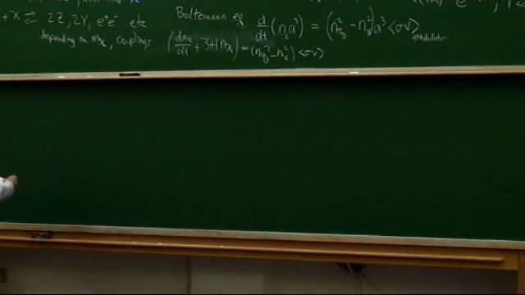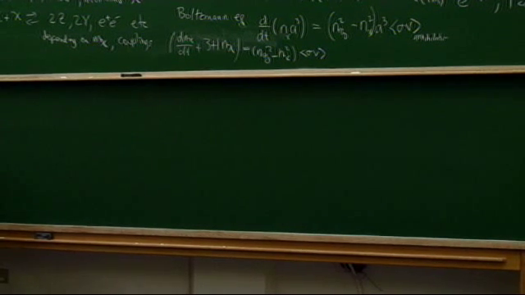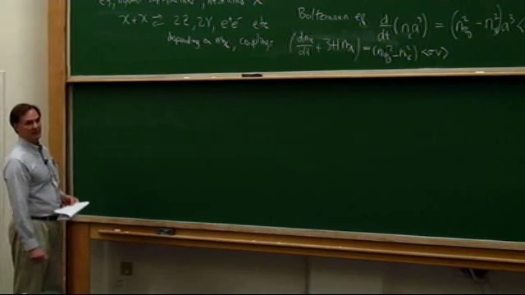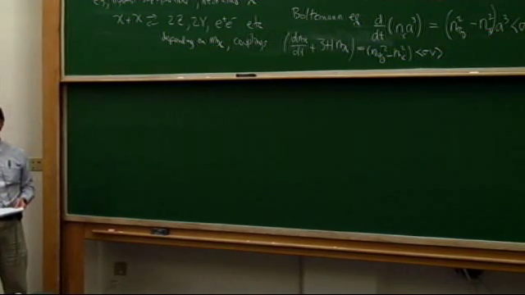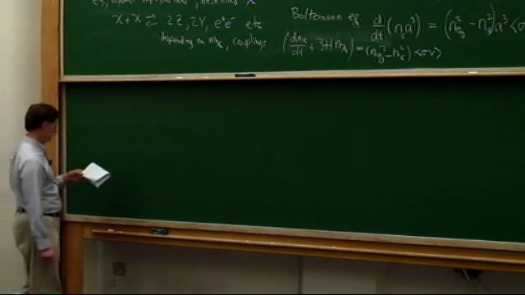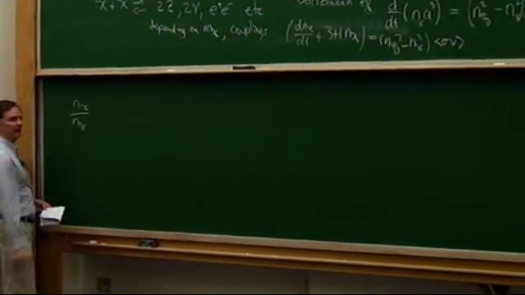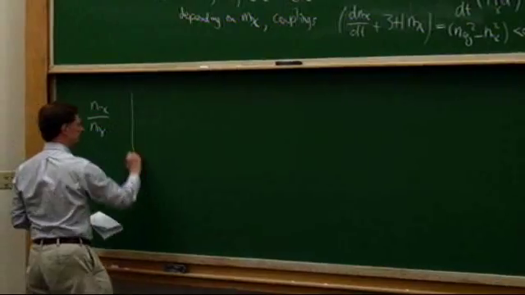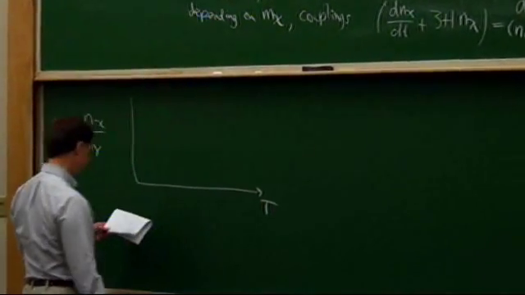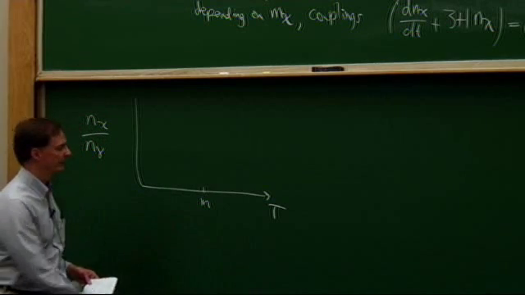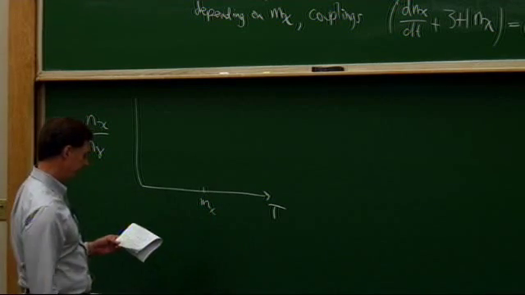Okay, so let's draw that abundance, and I'm going to draw n chi over T cubed to scale the abundance to that of the abundant relativistic particles. And since the photon density goes like T cubed, I'll plot n chi versus n gamma versus temperature, and I'll put in the mass of the chi particle here.